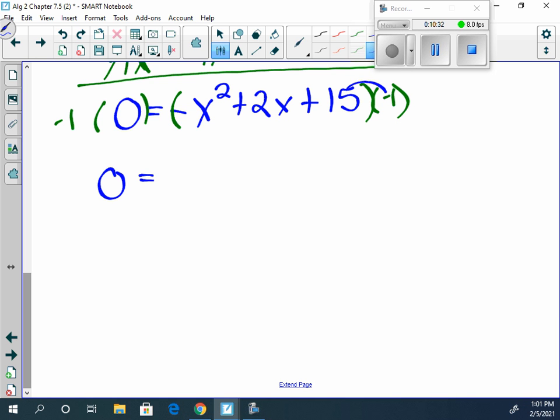Now, if we multiply everything in here by negative 1, negative 1 times negative x squared, the negative and negative make a positive. Negative 1 times 2x is going to be negative 2x. And negative 1 times 15 is negative 15. So we're able to make the x squared positive, which is a little bit easier to work with, especially if we are factoring.